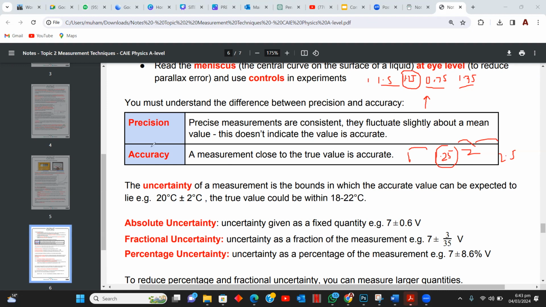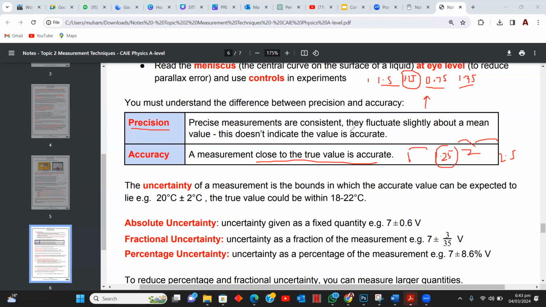Yes. कि हो सकता है your readings might be accurate, but they may not be precise. And your readings may be precise, but they may not be accurate. Right? This can happen. So precision and accuracy are two different things. Accuracy is when a measurement is close to the true value.